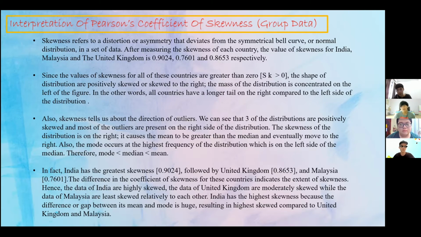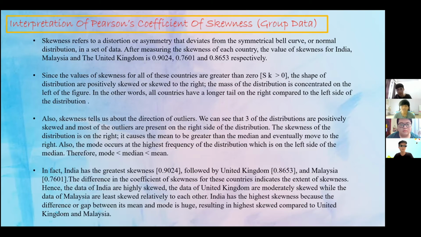So in fact, India has the greatest skewness, which is 0.9024, followed by the United Kingdom at 0.8653, and last Malaysia at 0.7601. This difference in the coefficients of skewness of each country indicates the extent of skewness.